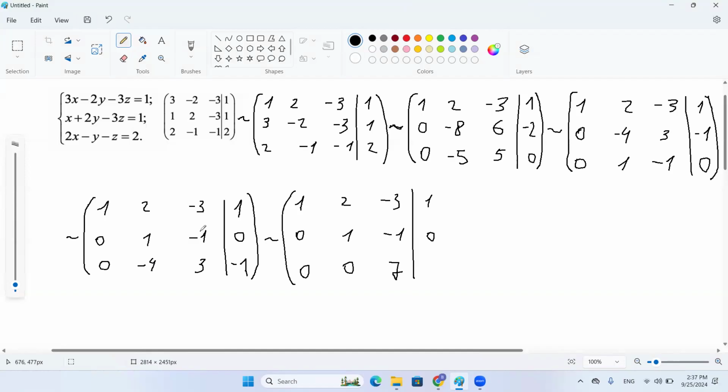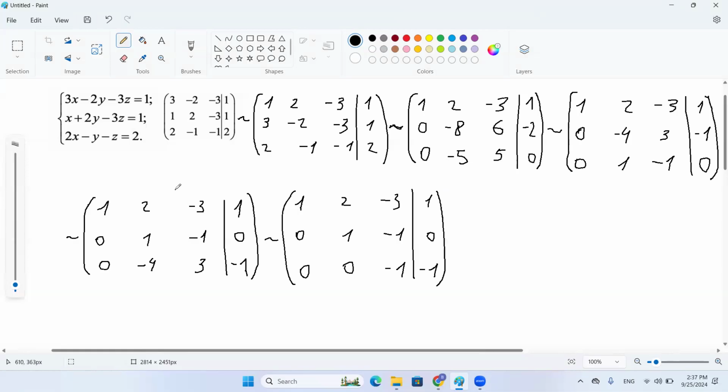So we multiply this by -4 and we have 4 and we subtract, so we have -1. So attention. And here we have just -1 because nothing changes.